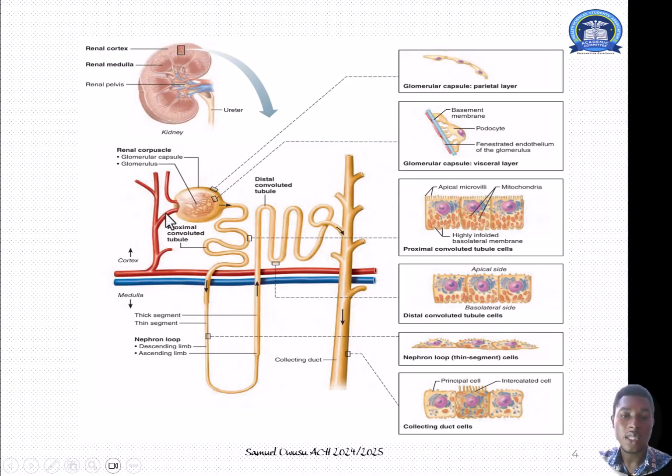Now, this is what I meant by the afferent arteriole branching into capillaries, and that forms the glomerulus. It leaves via what we call the efferent arteriole, and this is surrounded by the Bowman's capsule or the renal capsule.